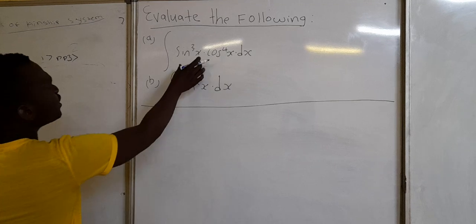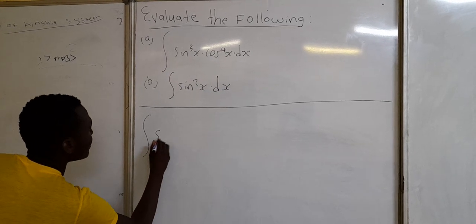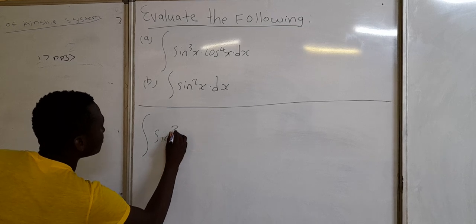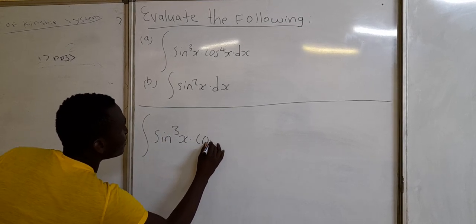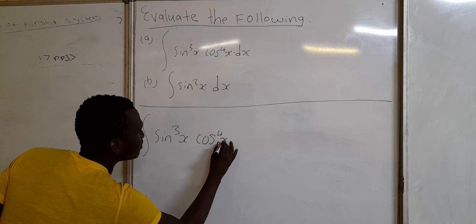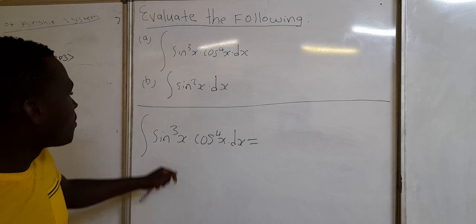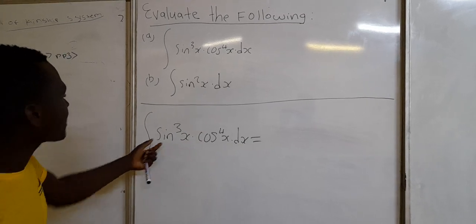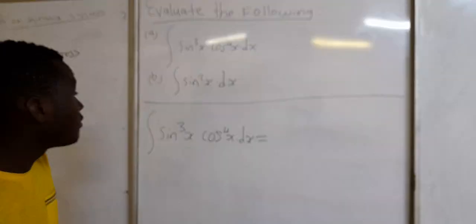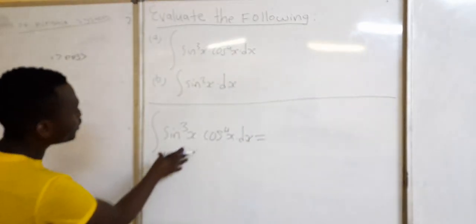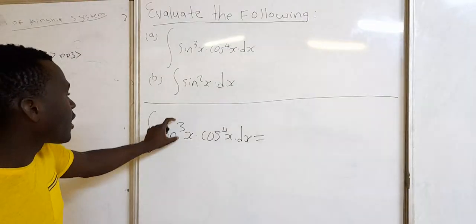So what you have to do here: the integral of sine to the power 3 x times cos to the power 4x dx. You have to check the exponent of the trig function that you have, and you need to deal with the odd exponent.